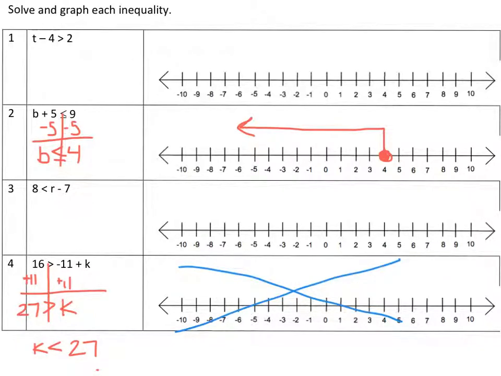As you can see for number 2, I've got a closed circle. The arrow points to the left. And then if you look, hopefully as you saw your answer for number 4, it's K is less than 27, which is why we didn't have you graph that. But make sure when you're writing your final answers that you are putting your variable on the left side. That will be something that we're expecting you to do.